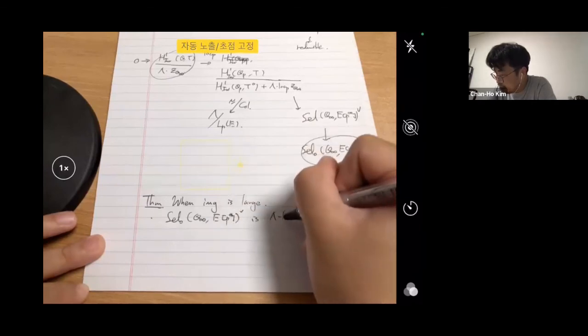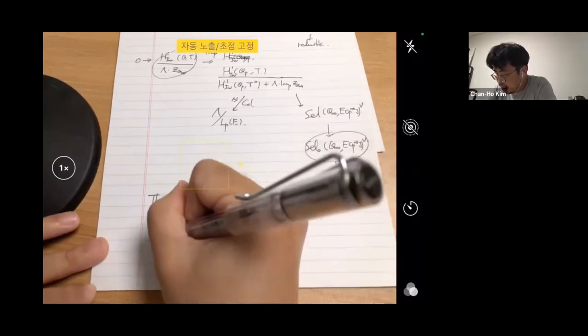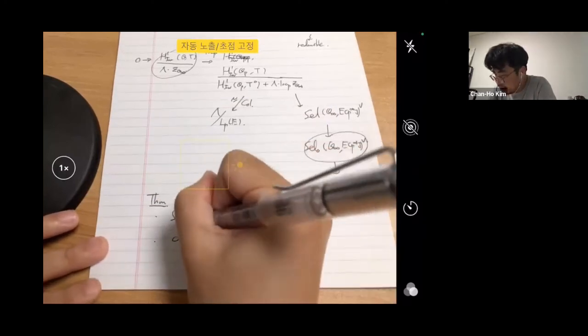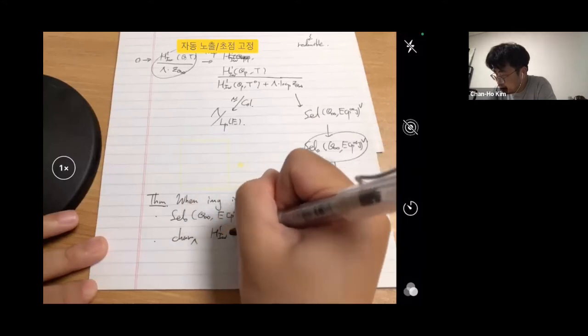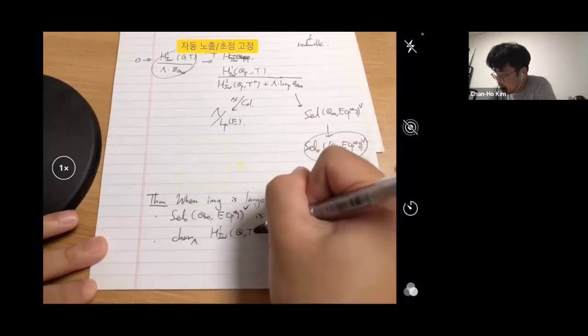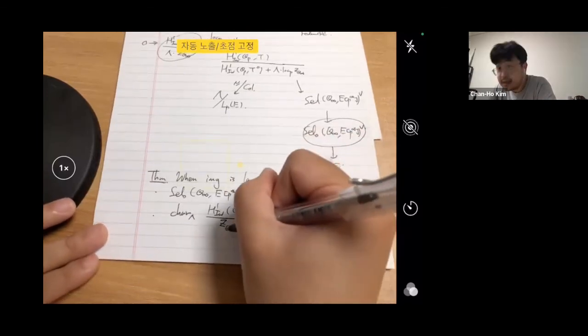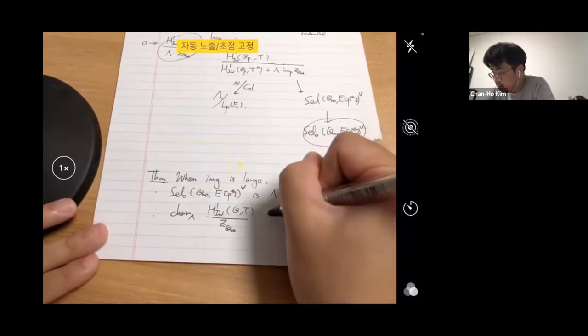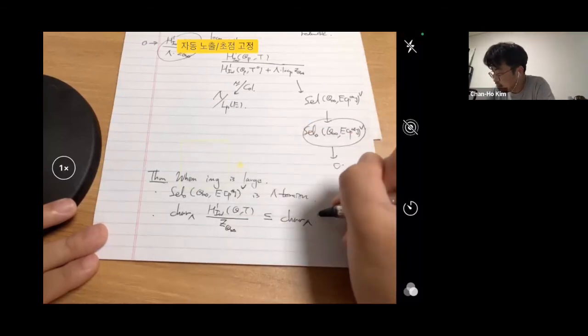Sorry, lambda torsion. I already take the Pontryagin dual here. And the characteristic ideal of H1 Iwasawa cohomology quotient by Z_{q infinity} is contained in the characteristic ideal of this fine Selmer group.